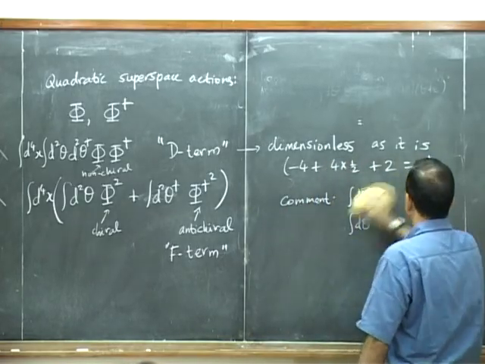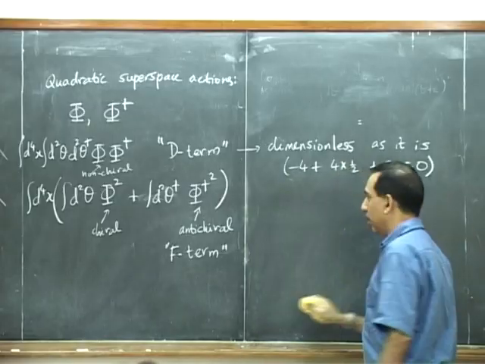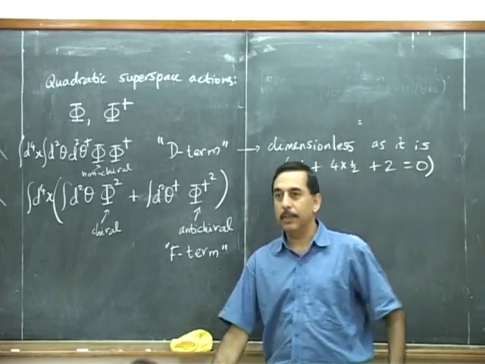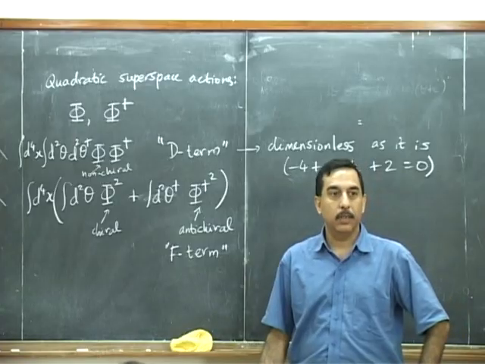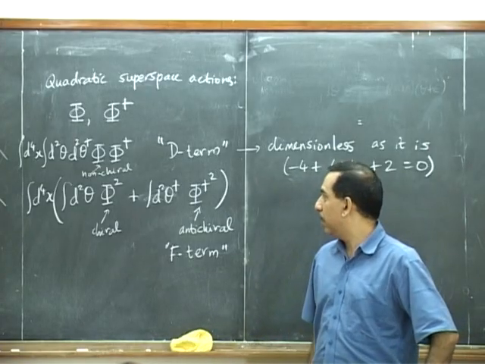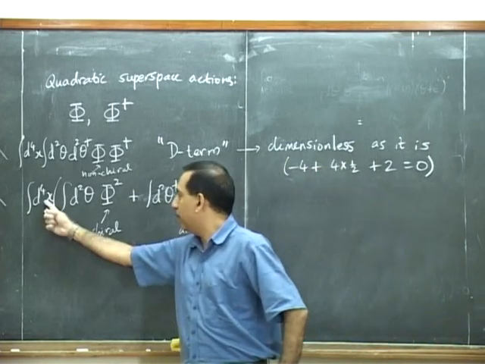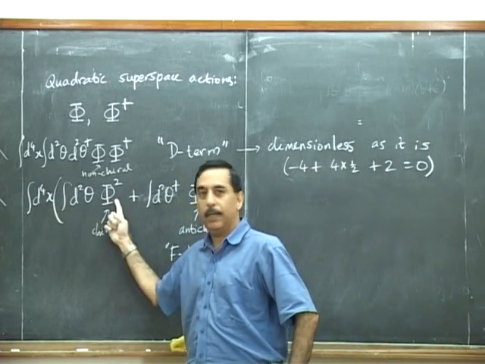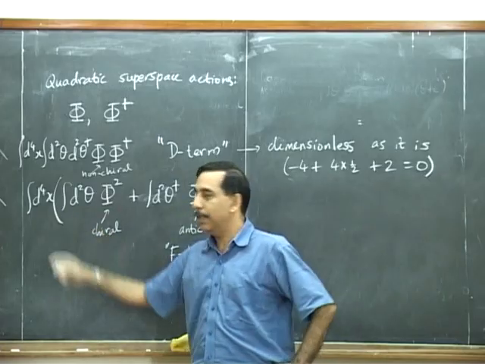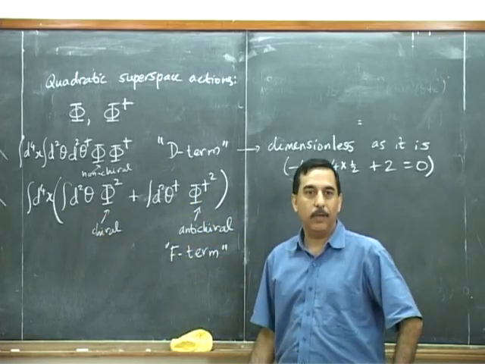What about the lower term? What is its dimension? -1 is correct, because this is -4 plus 1, that's -3, then +2, so it's -1. That means it needs to be multiplied by a coefficient of dimension 1.